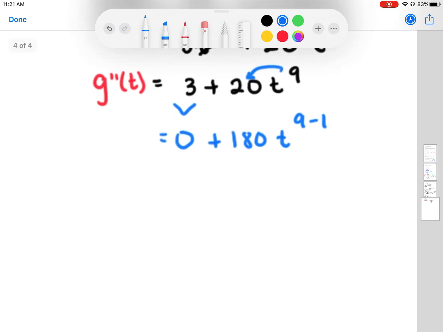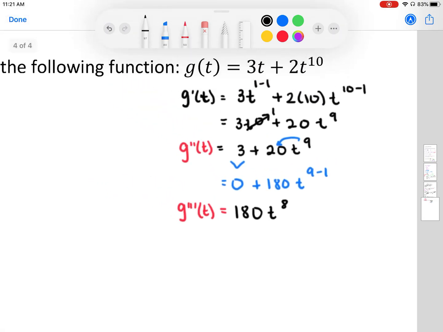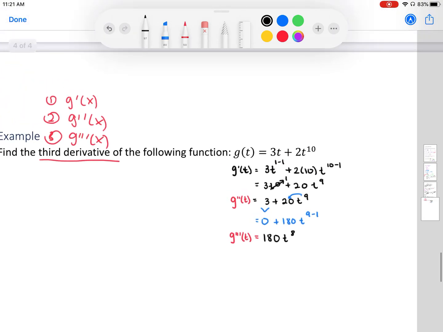So that we have g triple prime of t is equal to, well, that 0 is gone, so I have 180t to the 8th power. And there we have it. We have found the third derivative.